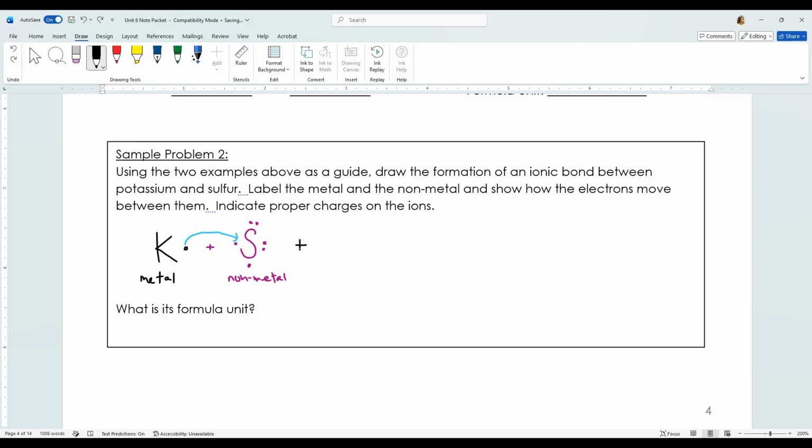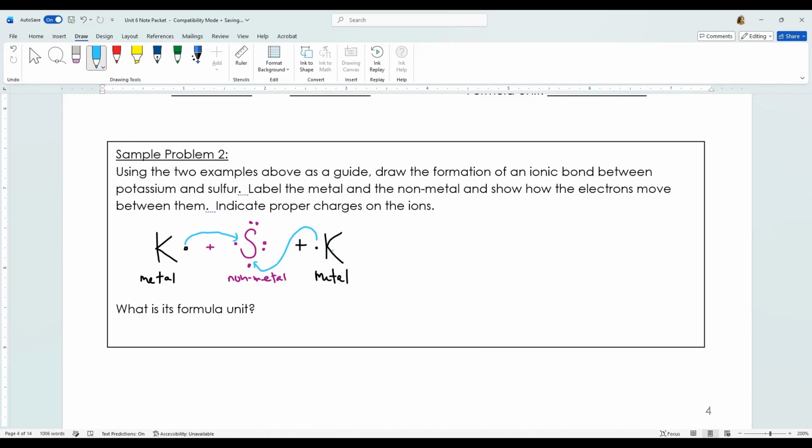I'll do this one here, plus another potassium, which is a metal. I'll label that down below. And we'll show that transfer of electrons. So this second electron, we're going to go all the way around here. It could go right over there.